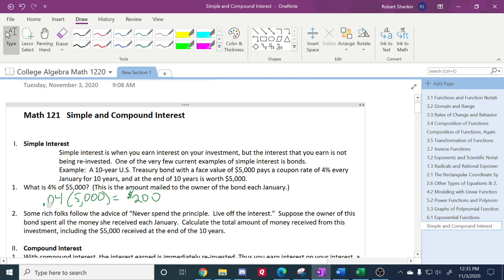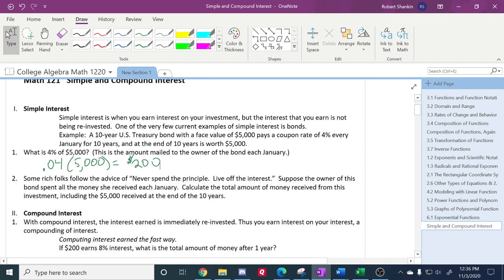Some rich folk follow the advice of never spend the principal, only live off the interest. And that way they know that they always have money coming to them. Suppose the owner of this bond spent all the money she received each January. Calculate the total amount of money received from this investment, including the $5,000 received at the end of the 10 years. All right, so let me give you all a minute to do number 2.